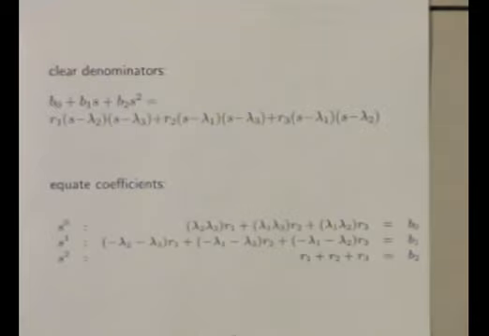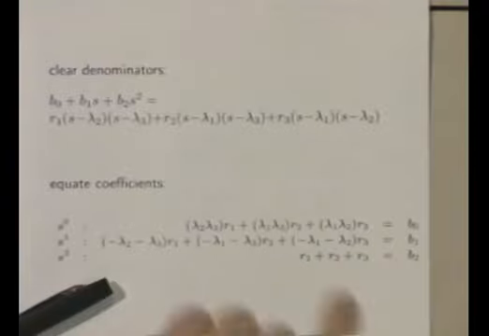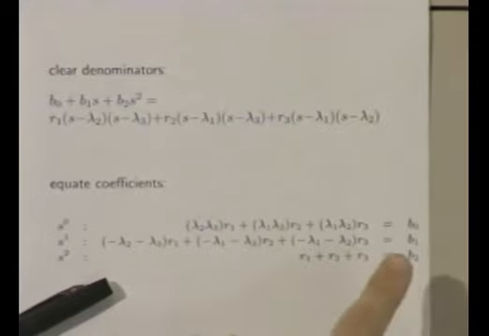And in fact, for those of you who, I guess most of you, have seen a little bit of linear algebra, if the corresponding coefficient matrix is non-singular or has non-zero determinant, that tells you that you can solve for R1, R2, R3 from B0, B1, and B2. Okay, now it turns out in this case, that coefficient matrix is always non-singular, so you can always do this.